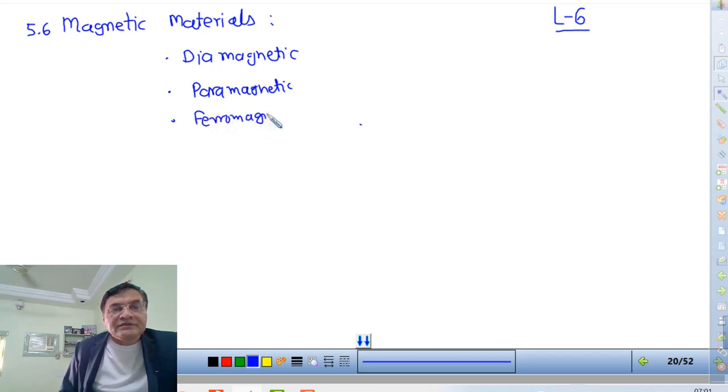We can categorize material in different ways. Here these materials are categorized looking to their magnetic property. There are more categories, ferrimagnetic and antiferromagnetic, but that is not in your syllabus. It is beyond that.